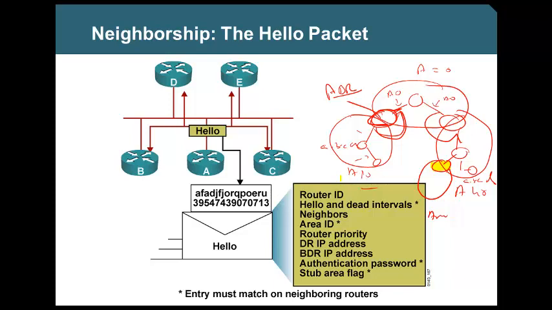That is why you need a virtual link between these two routers, so that area 50, sorry, not area 40, we said area 50 now, is connecting to area 0.